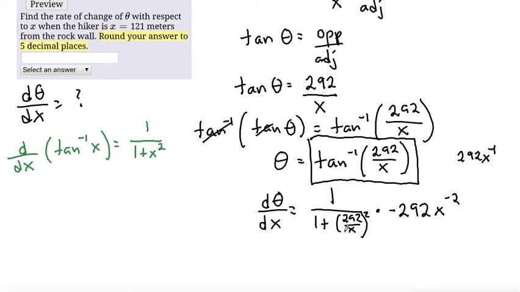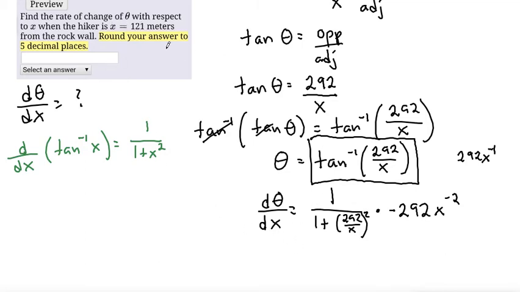We can simplify it a little bit, but the question is only asking us to find our answer rounded to 5 decimal places. So we could just use our calculator to simplify, plugging in 121.